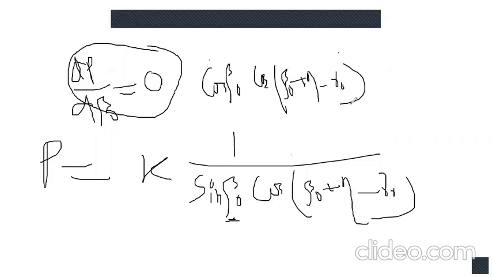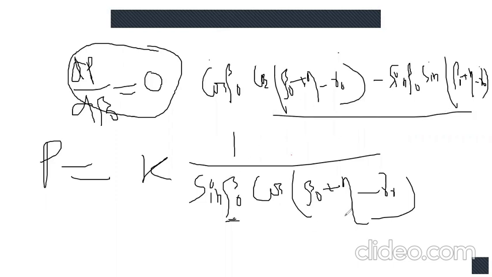This part is constant, this part is variable, minus, now this is fixed, this is variable, sine beta, sine of beta plus eta minus gamma, by this whole square.